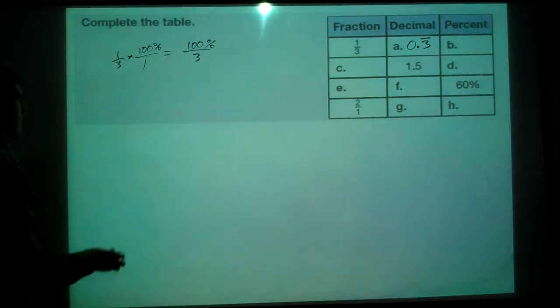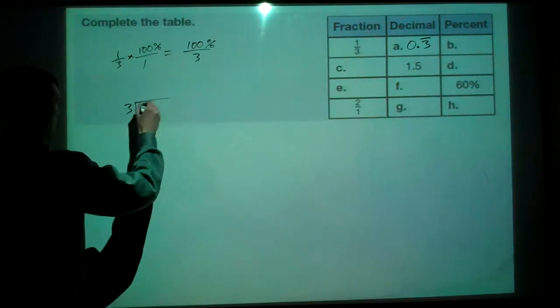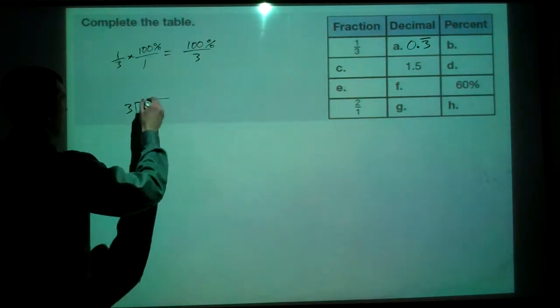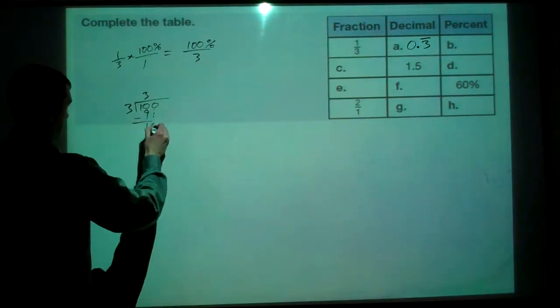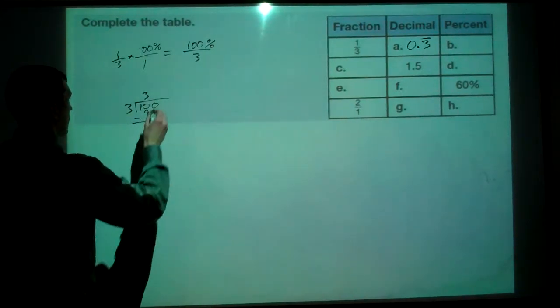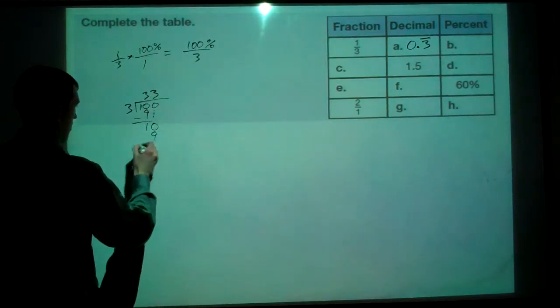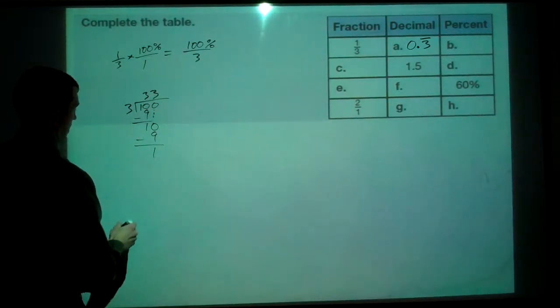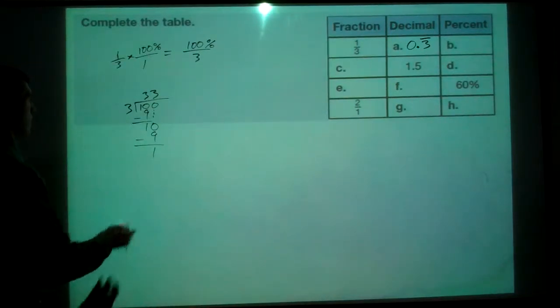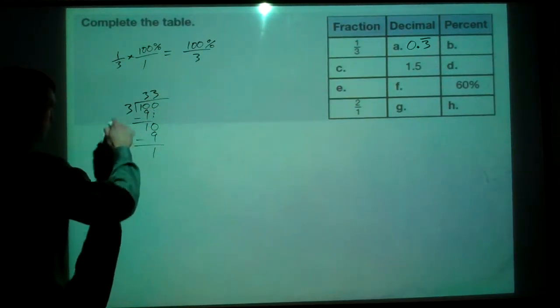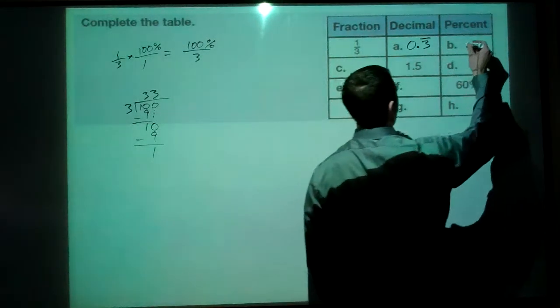So this will give us our percent. 3 goes into 100 3 times. We should be getting the same as the decimal, except for we will get a remainder here, and we won't just have a decimal percent. So 33 and 1 over 3%. 33 and a third.